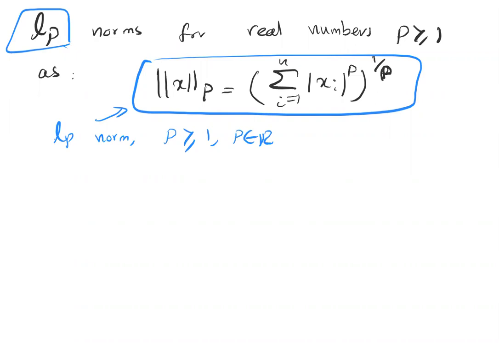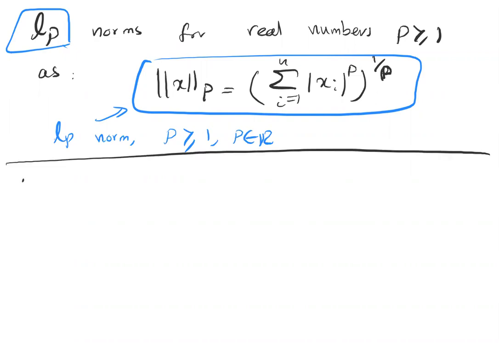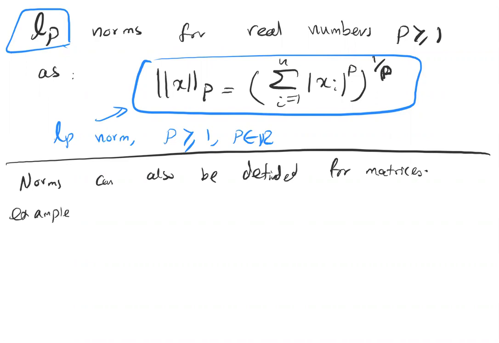So norms can also be defined for matrices. Example, we have the Frobenius norm. Frobenius norm for matrices. How do we define that?